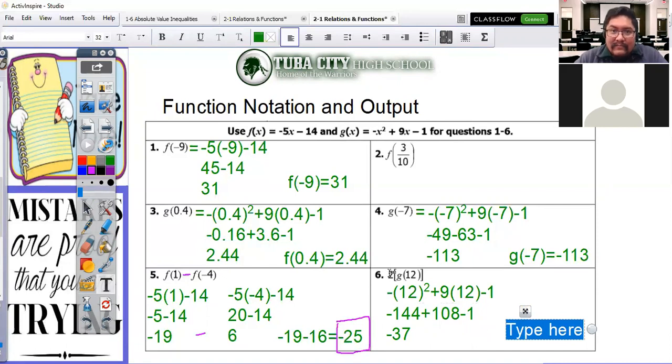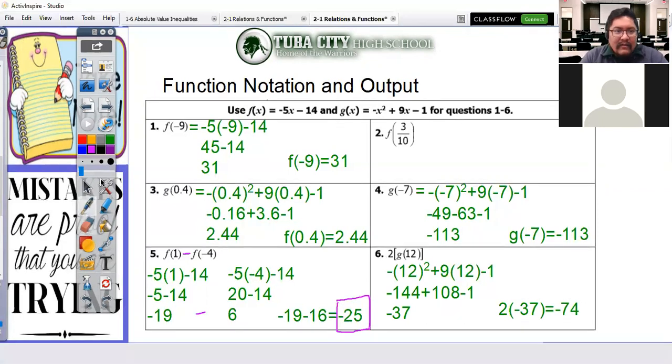And it's in brackets. But brackets are the same thing as parentheses. Like really, they're exactly the same thing. So what this means is that I'd have 2 times -37. And that would be pretty much the equivalent of -74. So -74 is this thing all the way complete.